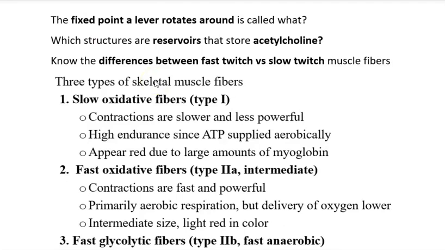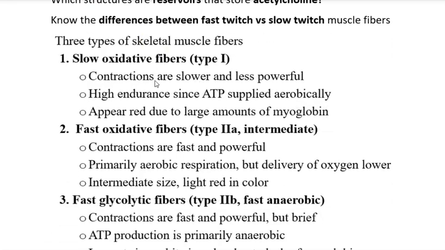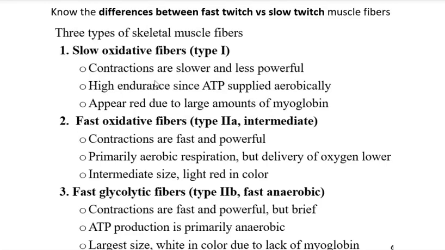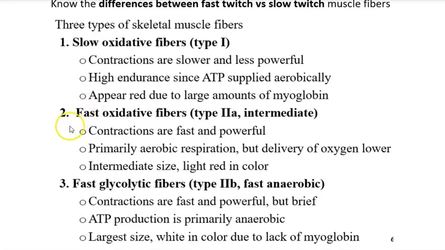I need you to know the differences between fast twitch and slow twitch muscle fibers. So when I say fast twitch, I'm talking about fast glycolytic fibers, or type 2B. When I say slow twitch, I'm talking about slow oxidative fibers, or type 1 fibers, okay? So in type 1 fibers, the contractions are going to be slower and less powerful.